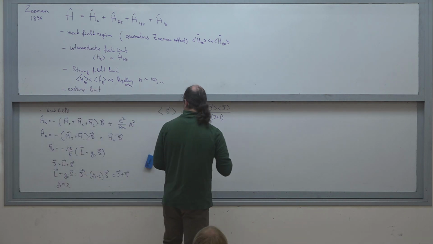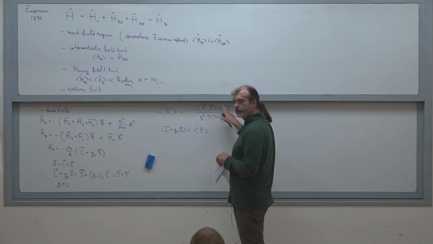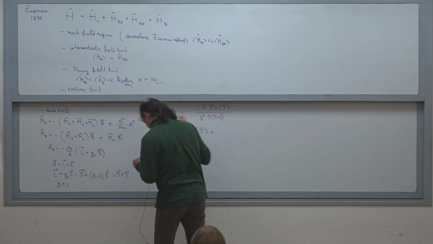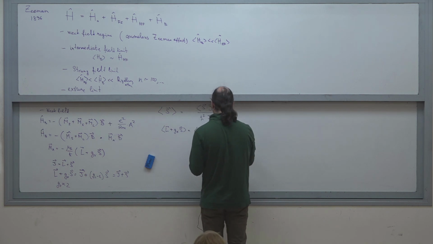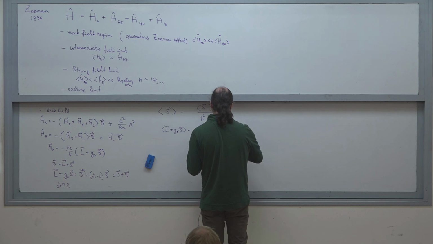And we have this s, we replace by this part. Okay, and this multiplication gives us 1, and then we have this sj j divided by h bar squared j plus 1.